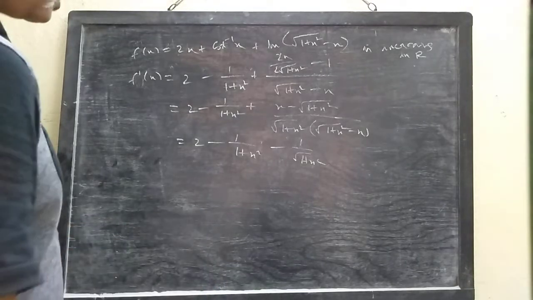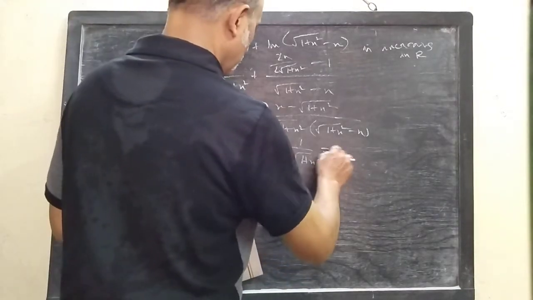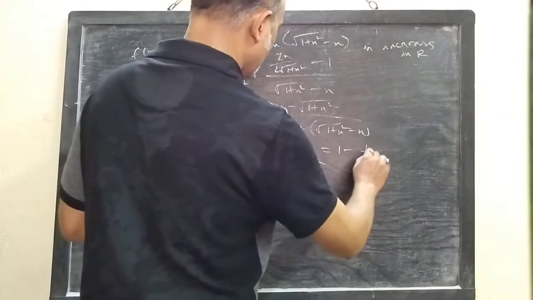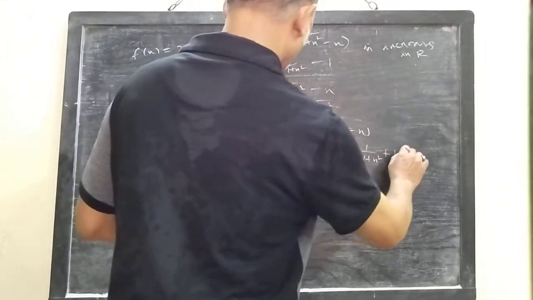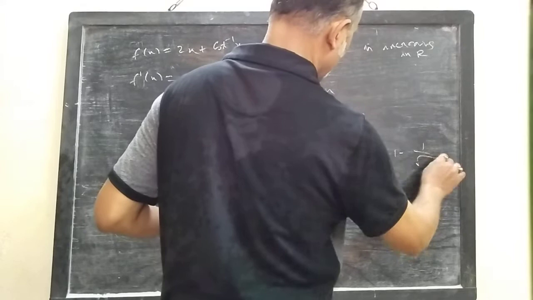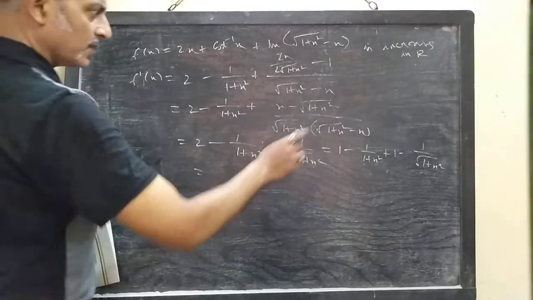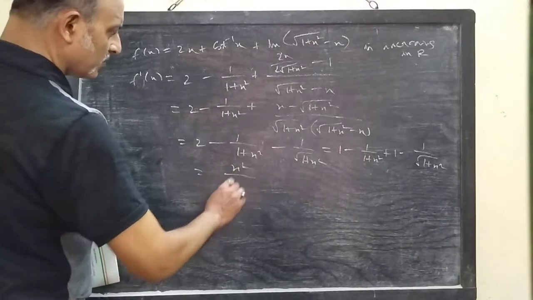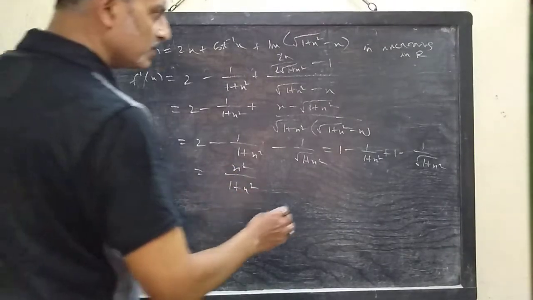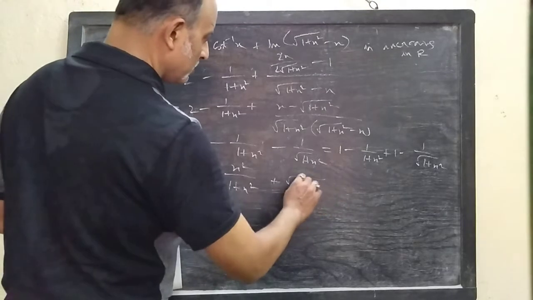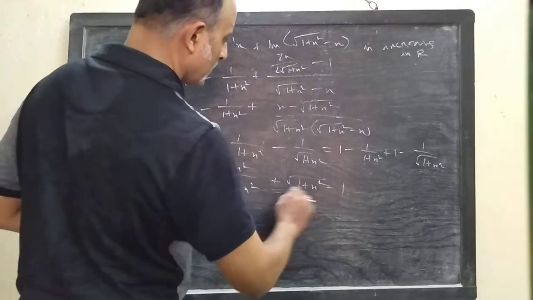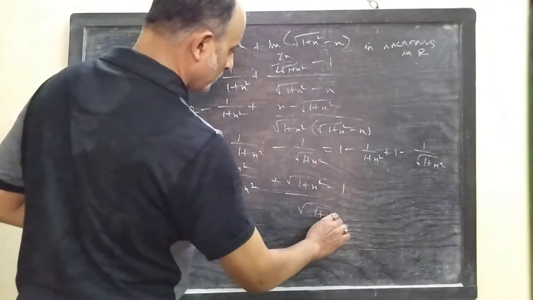Okay, now calculating this way, 1 minus 1 by 1 plus x square plus 1 minus 1 by root over of 1 plus x square. You will get 1 plus x square minus 1, that is x square by 1 plus x square, and this will become root over of 1 plus x square minus 1 by root over of 1 plus x square.